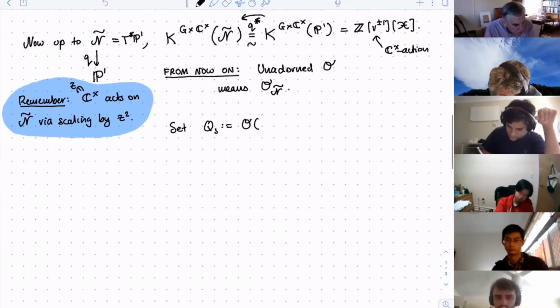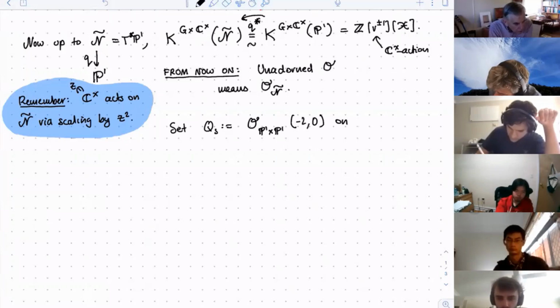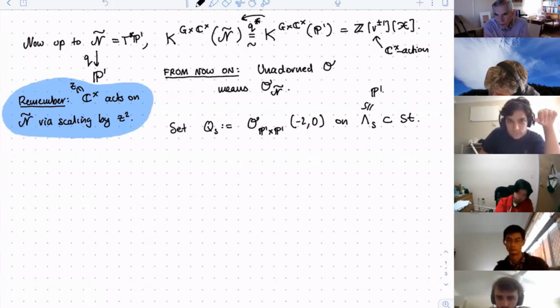So I want to set, so this is isomorphic to P1.